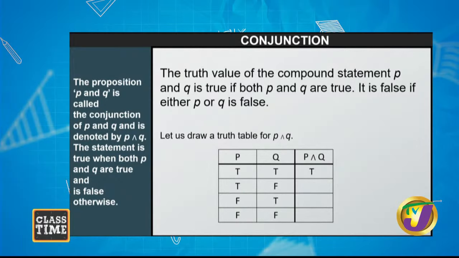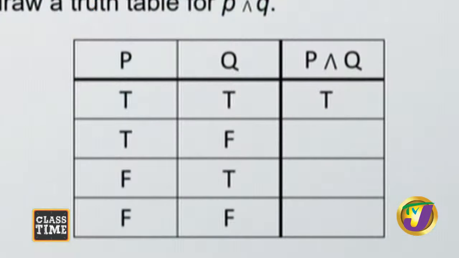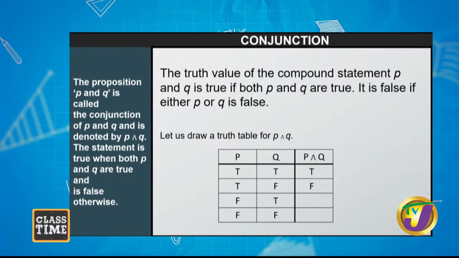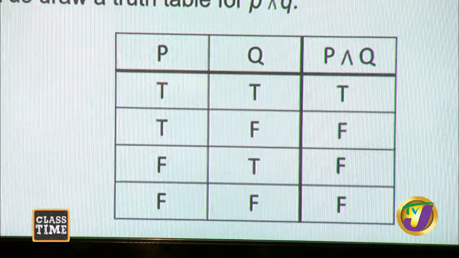If P is true and Q is false, the truth value will be false, because it's only true when both P and Q are true. Likewise, the remaining rows will also be false. This will be your truth value of a compound statement at all times.